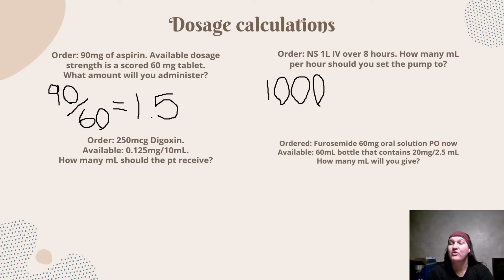Now, it's desired over have. We have to set a pump rate. So the desired is 1,000 over, what do we have? 8 hours, right? So you can manually set the pump to that. How you do that is you open the IV wide open and then you apply it to the pump, and the pump will administer the appropriate dose as long as you do it correctly. So we have 1,000 mLs over 8 hours.